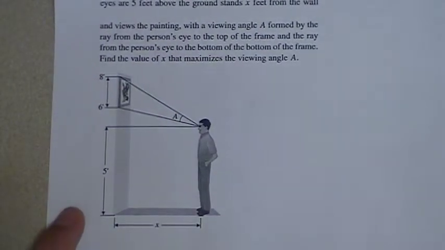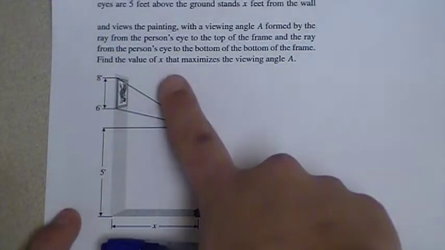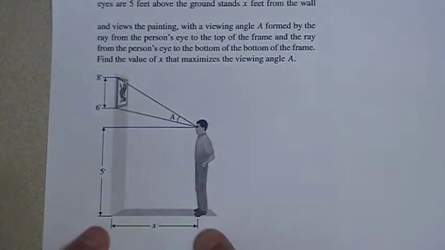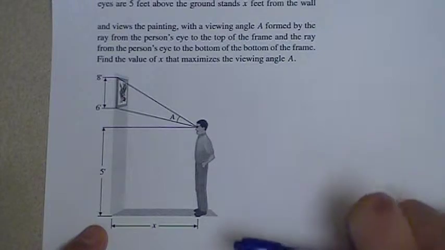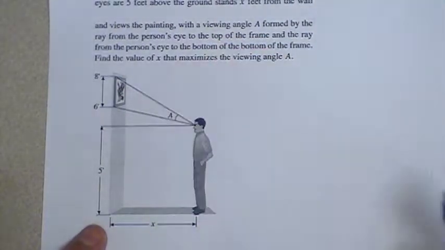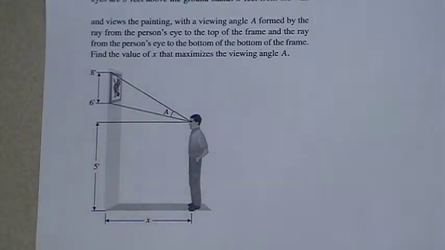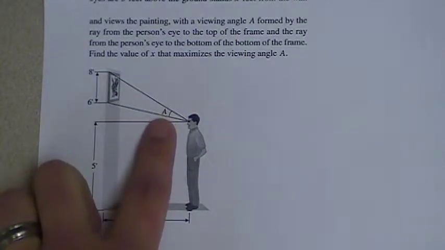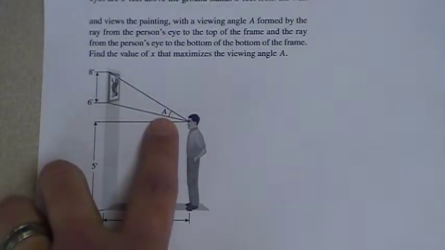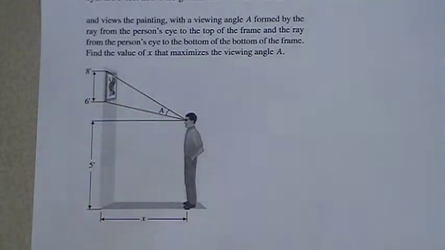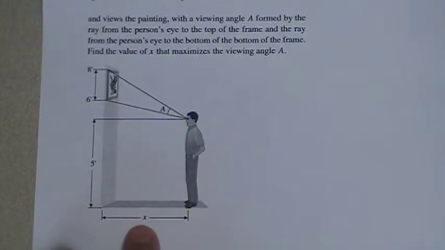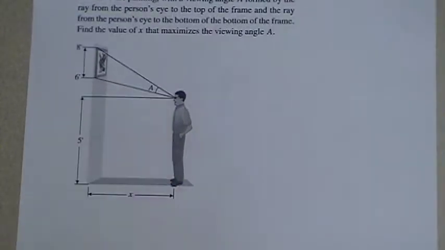To find the value of X, or the distance this person needs to stand back from the wall so that this viewing angle is as large as it can possibly be, we're going to need to develop a formula for A, the viewing angle. If we can then find the absolute maximum for that function, we'll have the value of X that makes the viewing angle as large as it can possibly be.